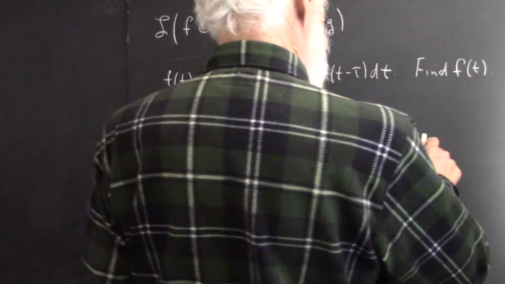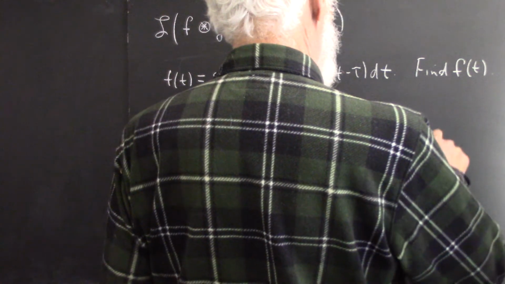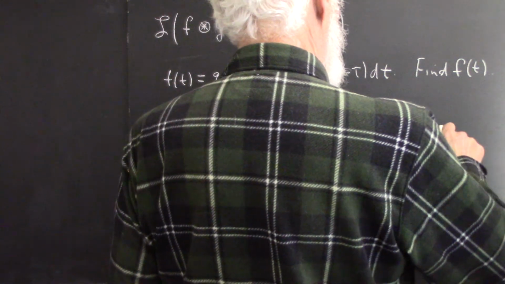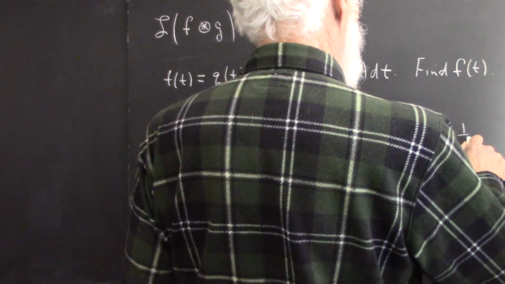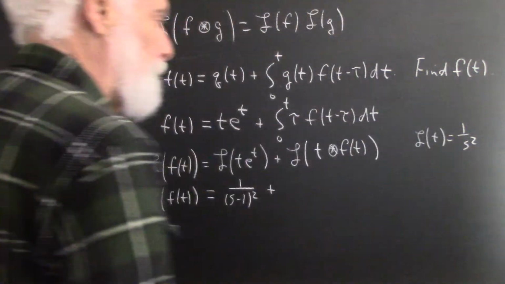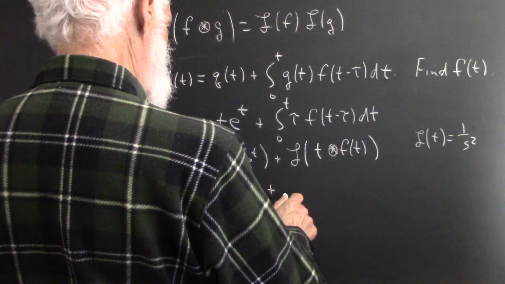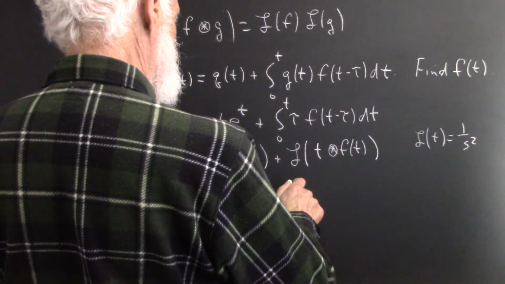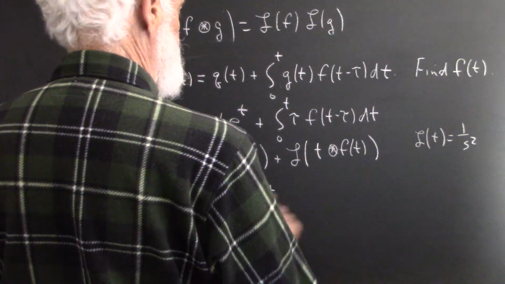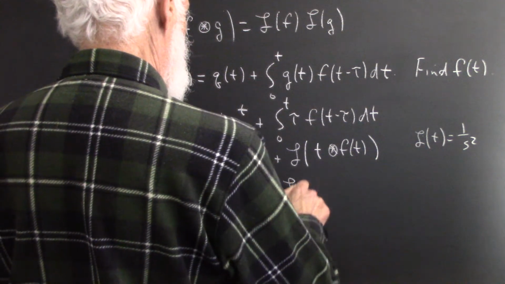Now let's just note that the Laplace transform of the t function is 1 over s squared. Okay, so this is, I'll do this in 2 steps.